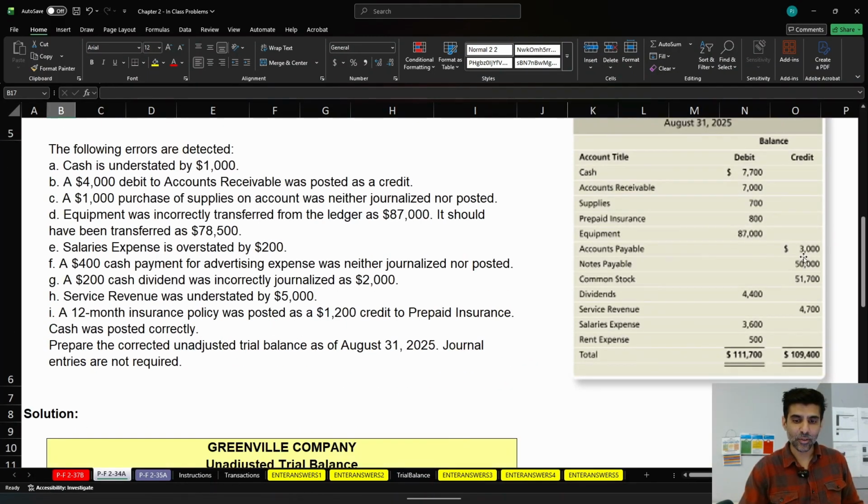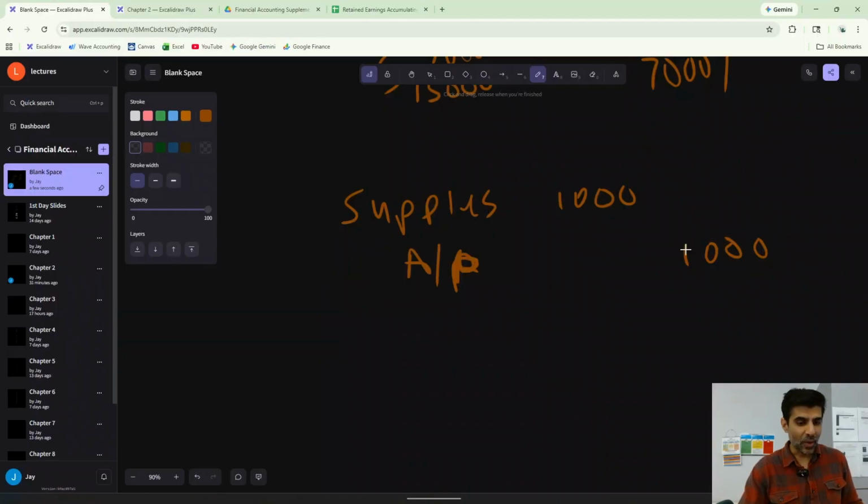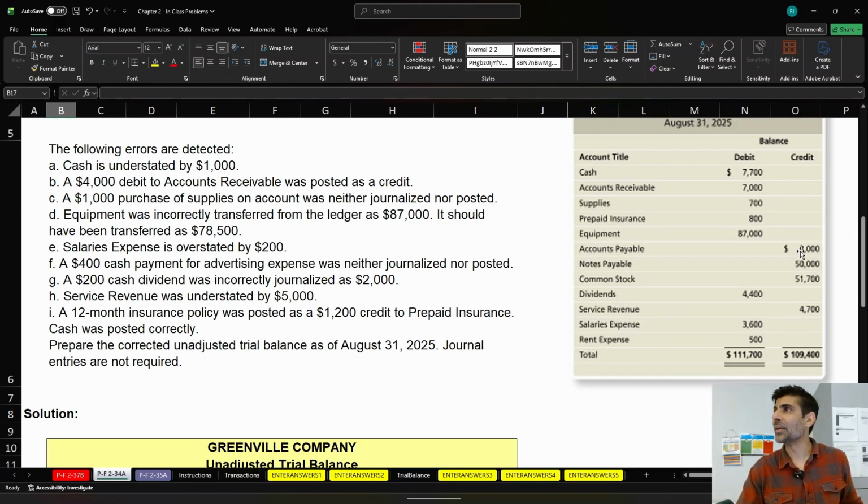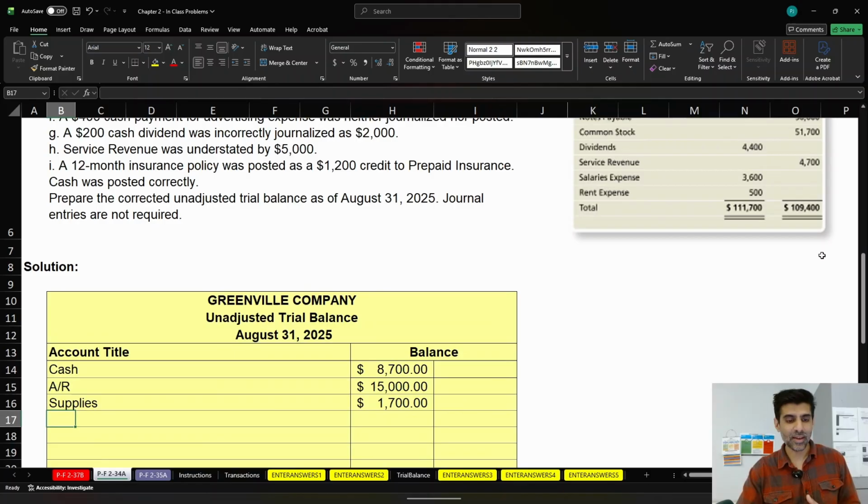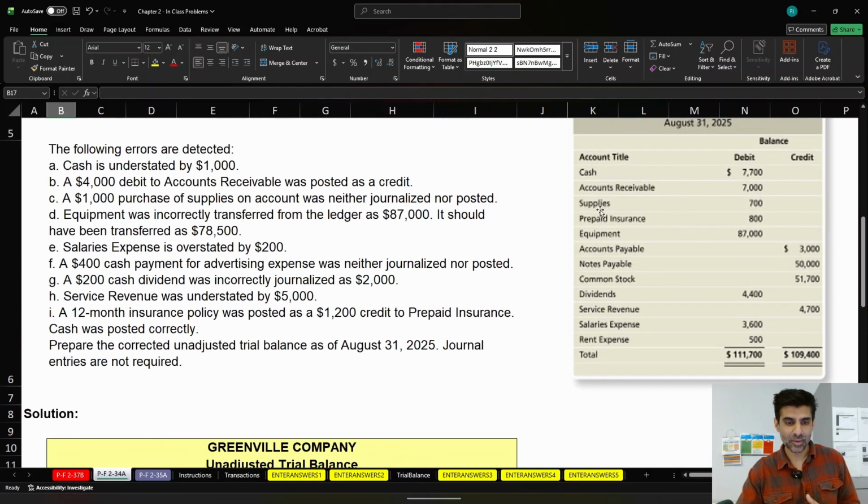And then accounts payable, it's a credit balance of 3,000. We're adding another $1,000 credit to this. Is that 3,000 going to go up or down? It's already a credit balance. We're going to credit it 1,000 more. Up. Yes, it's going to be a $4,000 credit balance. So let me just make sure.